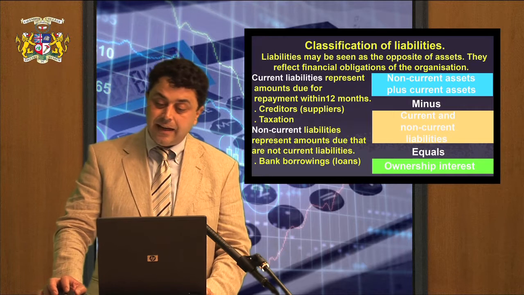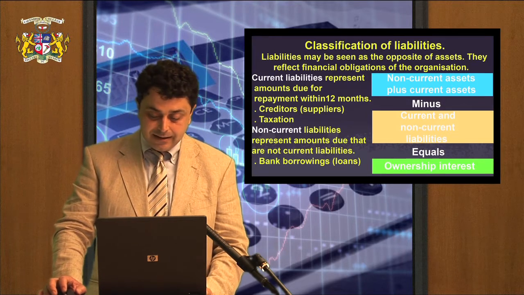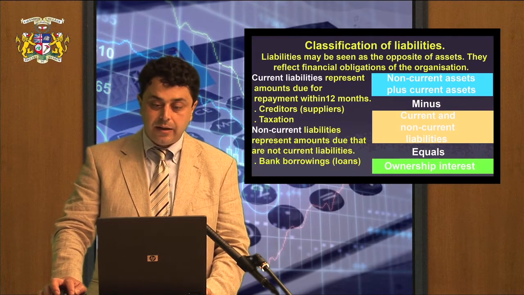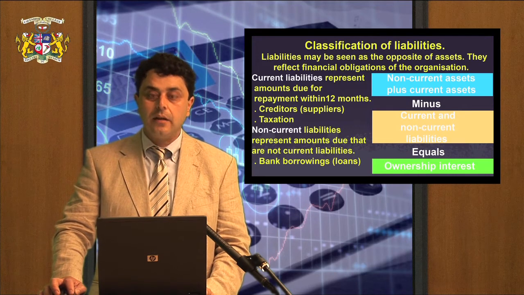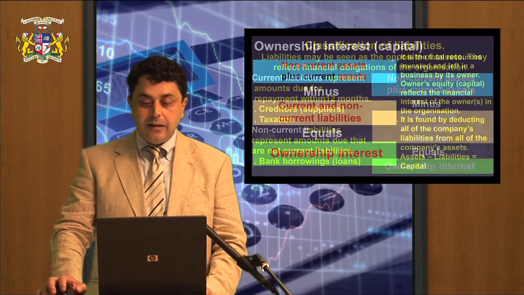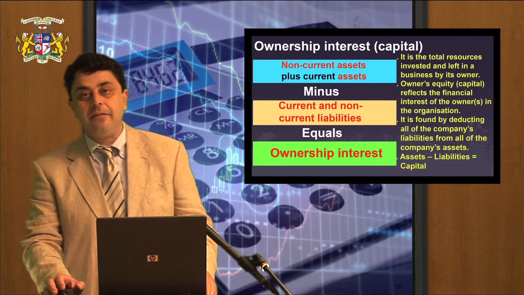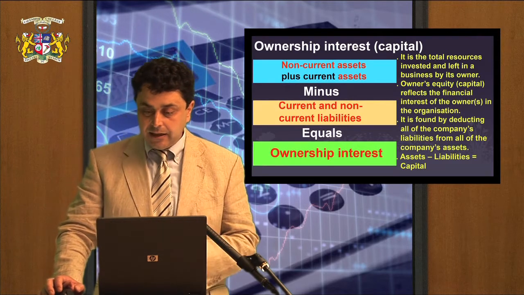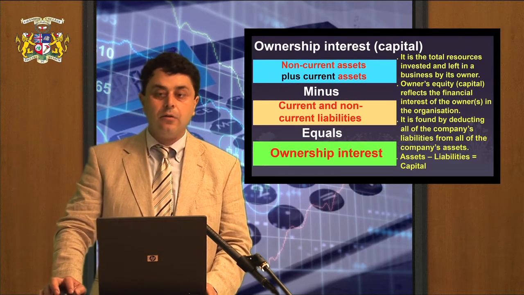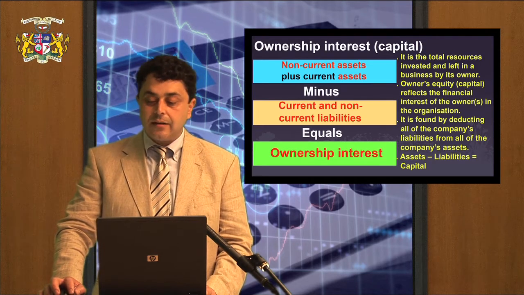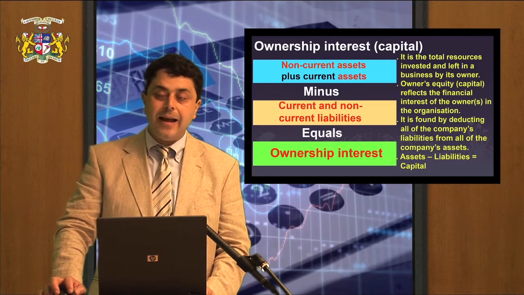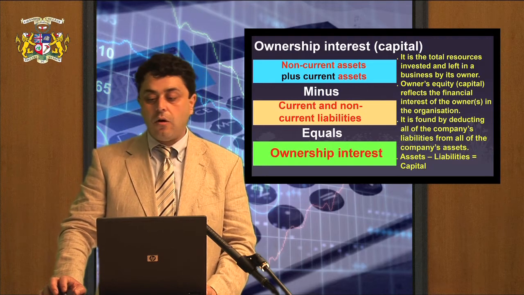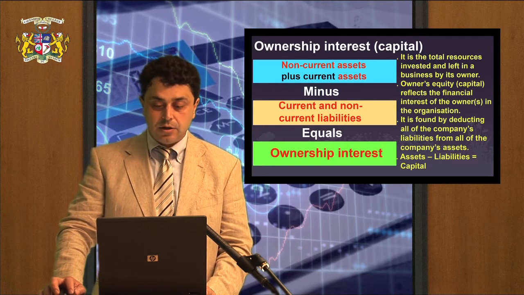We have said that assets minus liabilities equals capital. But what is capital? Capital is the total resources invested and left in a business by its owner. So the owner's equity or capital reflects the financial interest of the owners in the organization.